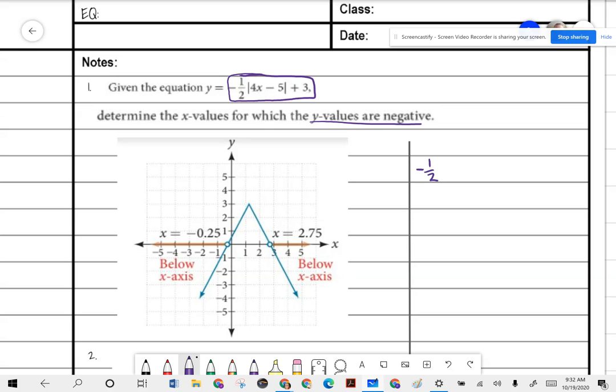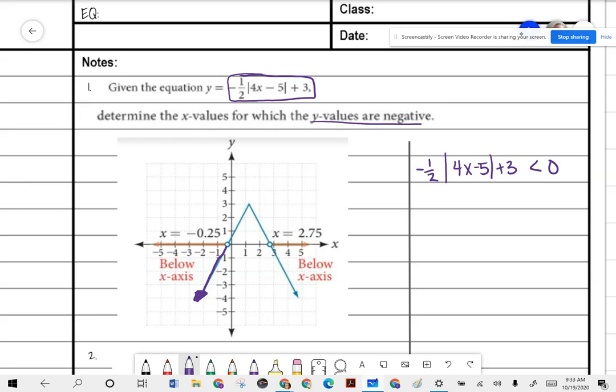Negative 1/2 absolute value of 4x minus 5 plus 3 would be less than 0. So you're trying to find out what are the x values that are going to make this function less than 0. So looking at the graph, we can see that when you're less than 0, you are below the x-axis.